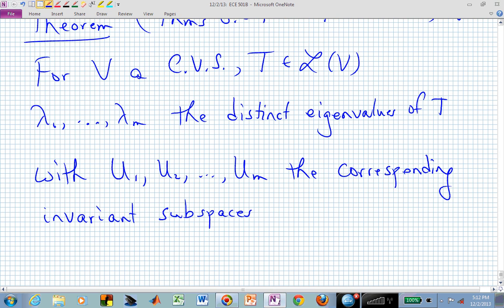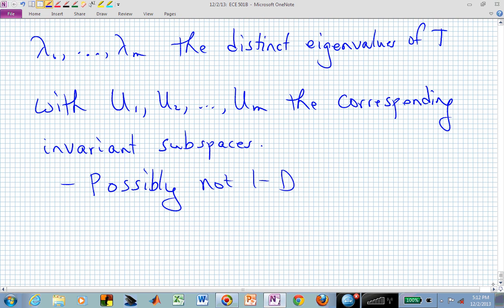And those U's are not necessarily all one-dimensional. If not, we have to resort to or introduce generalized eigenvectors.